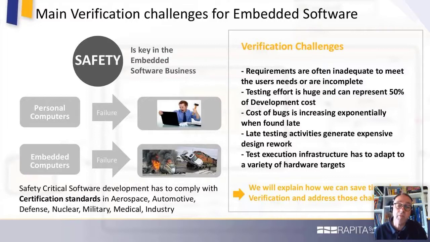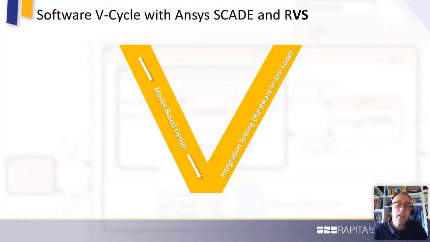So during this webinar, together with Matthew, we will explain how you can address those challenges. Let's start with one of the best ways to save time and to address verification challenges well, which is to apply a model-based approach where we focus all the work on the left side of the V-cycle.